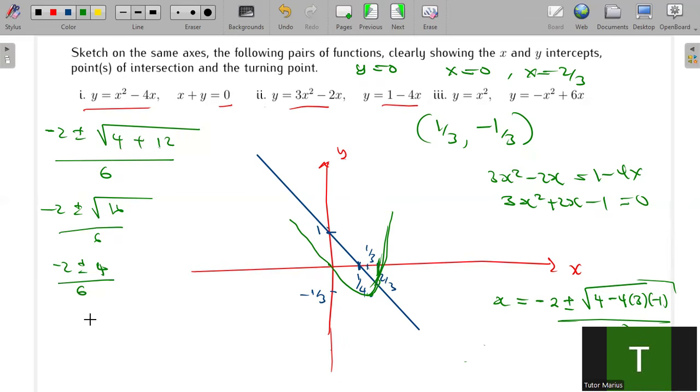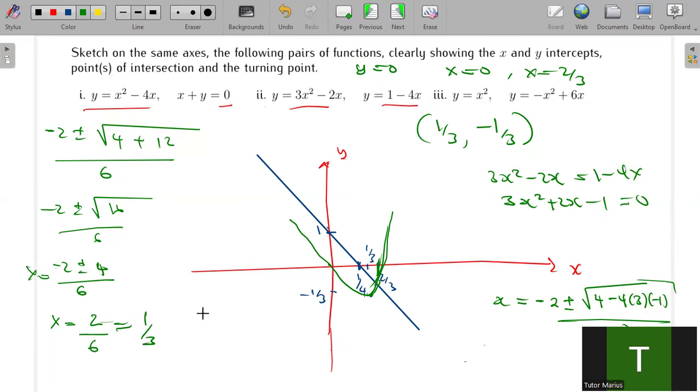So x equal to that. When I add first, I'm going to have 2 on top, because negative 2 plus 4 is positive 2, so I just get 2 over 6, which gives me 1 over 3.